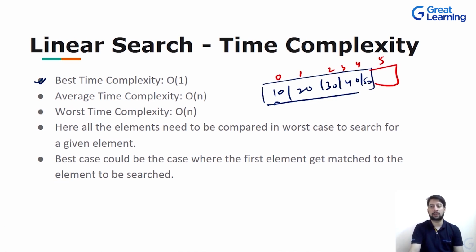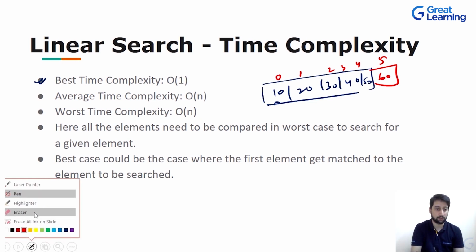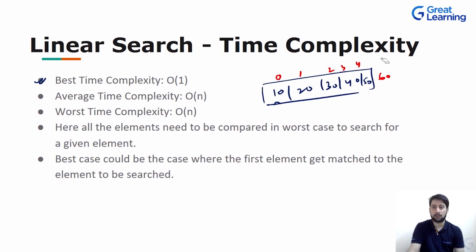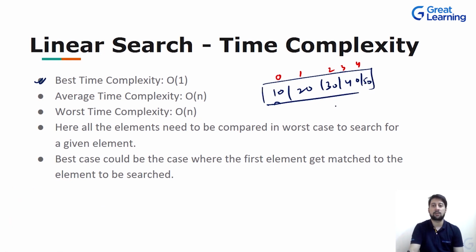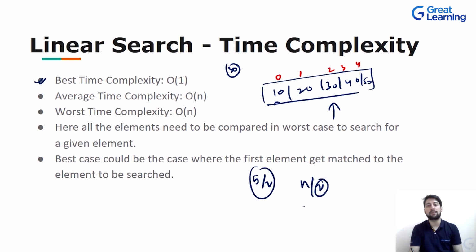You can skip adding one more element. So you're looking for an element somewhere around the middle, in this case 30. If you observe, you are only iterating half of the elements, that is n by 2, and since constants do not play any role when you're talking about time complexity, the average case still boils down to big O of n.